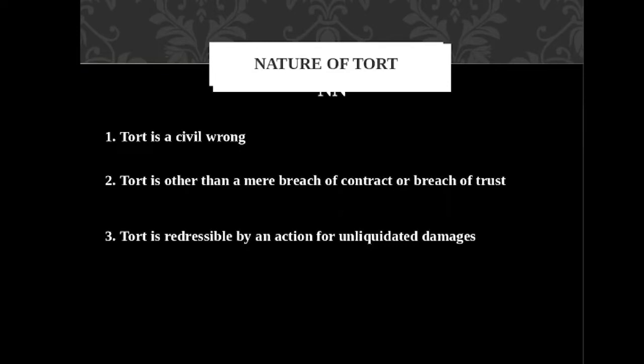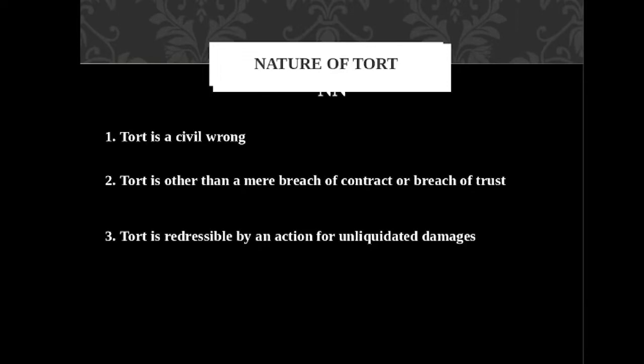Also, in case of criminal wrong, the individual who is a victim of the crime, that is the sufferer, is not compensated. But justice is administered by punishing the wrongdoer in criminal cases. But coming to the civil side, the wrongdoer is punished by way of imposing some kind of penalty like compensation.